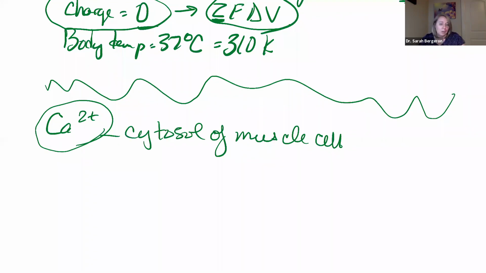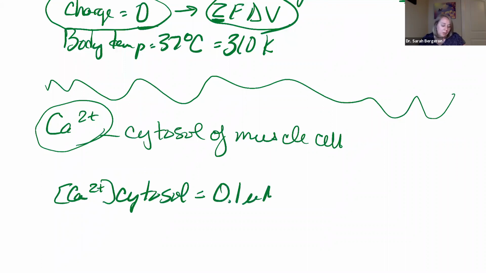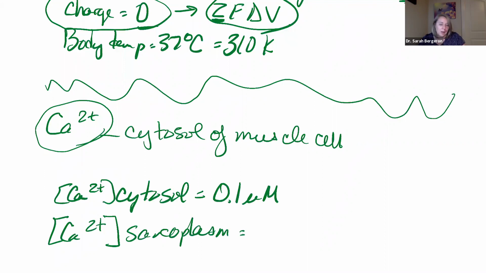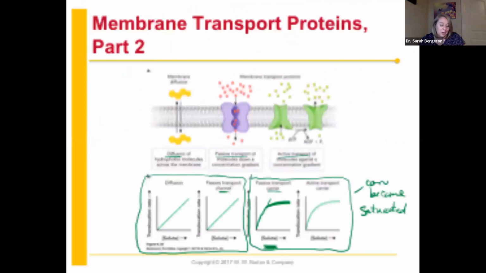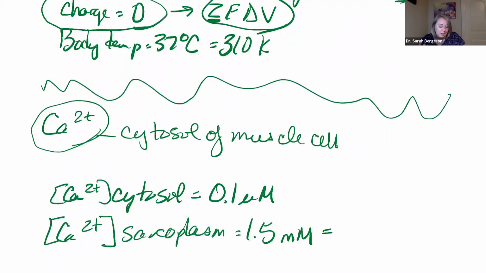So normal calcium levels in the cytosol are about 0.1 micromolar. Calcium concentration in the sarcoplasmic reticulum is 1.5 millimolar, right? So we know these are two concentrations. Let's get them in the same units.